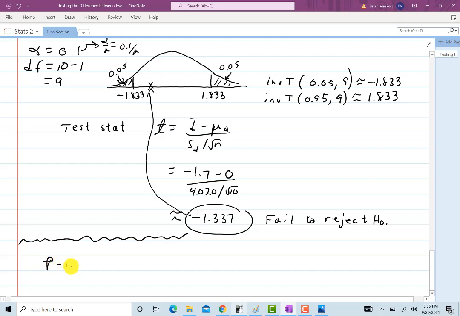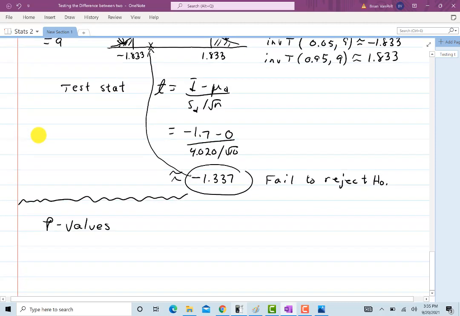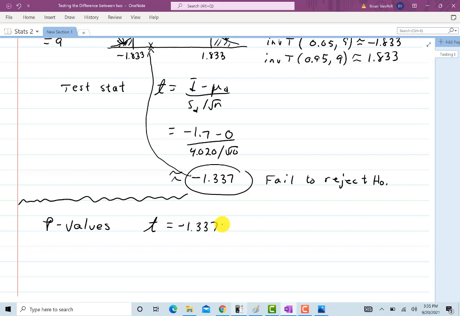For p-values, if you choose to do this method instead, we start with the t-value. And then you're trying to figure out the area that occurs, well, in this case, since it's a negative number, I would look at the area that occurs before it, since you're going to be adding up that area plus an equivalent area on the right-hand side.